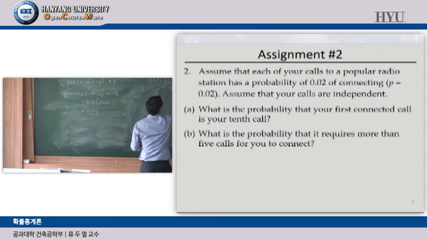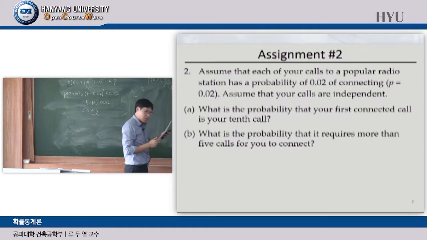That can be 1 minus the probability of x when x is equal to 1, and the probability of x when x is equal to 2, the probability of x when x is equal to 3, and the probability of x when x is equal to 4. Okay?